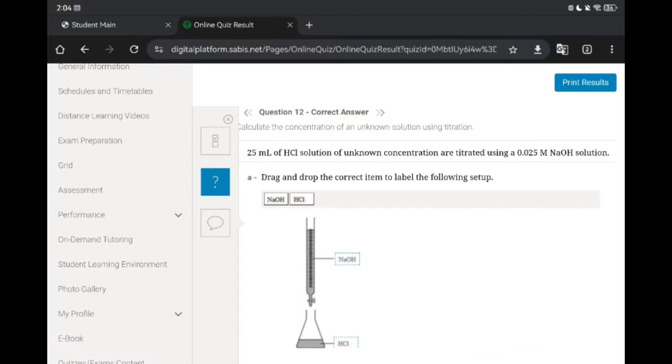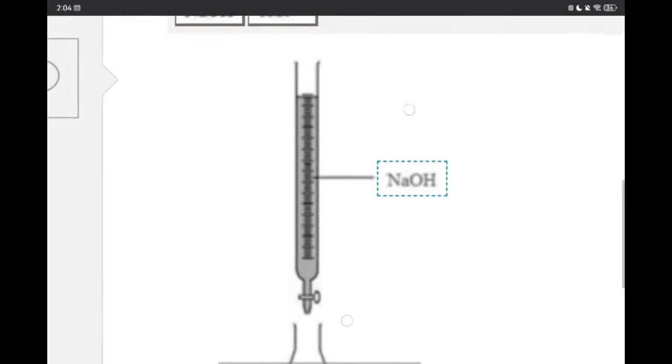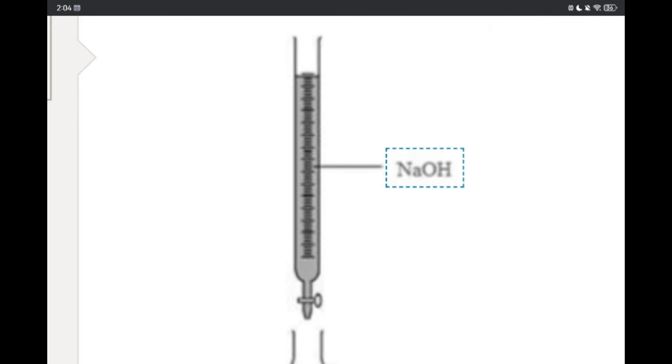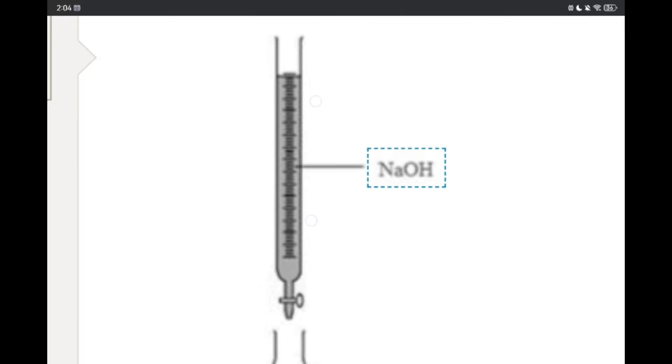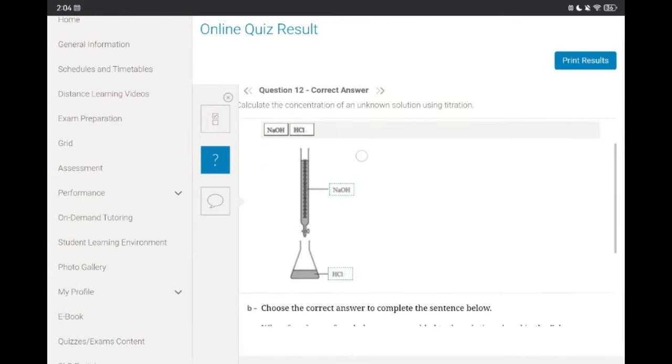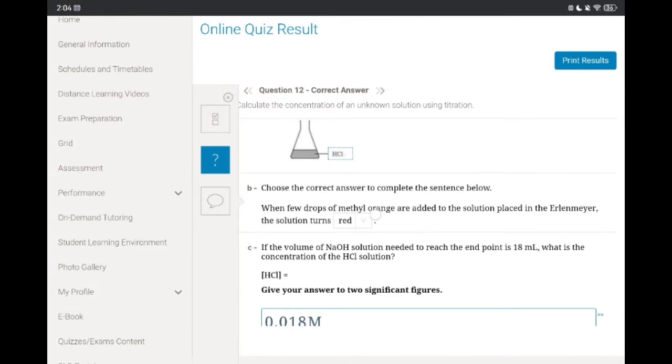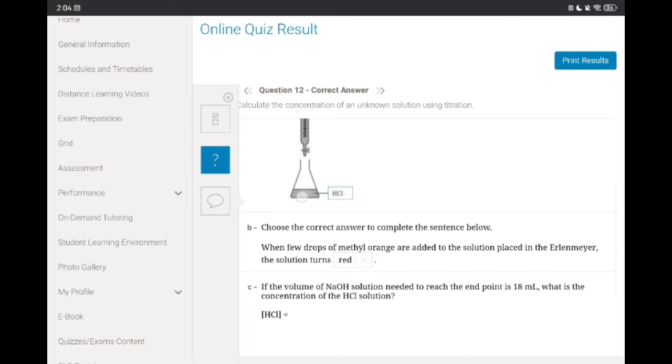One, the one being titrated is the one down here. The other way is, here you see it's given the volume. Here you don't know the volume. You can put as much as you want, but not all of it is going to be used. With the burette, you're not putting in a volume, you're trying to find out the volume you used. The Erlenmeyer is this one, the conical flask.